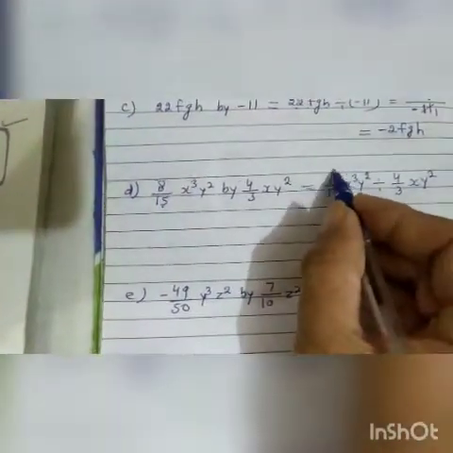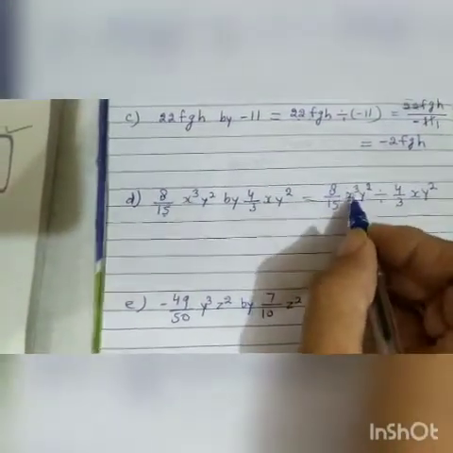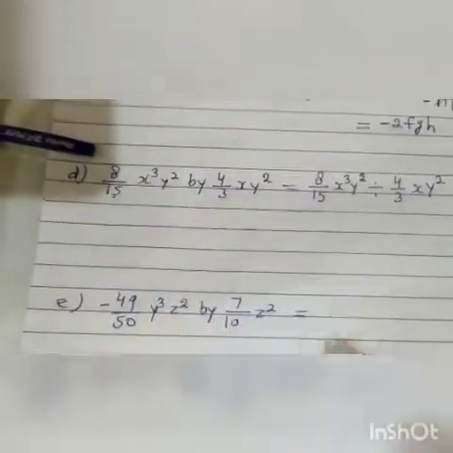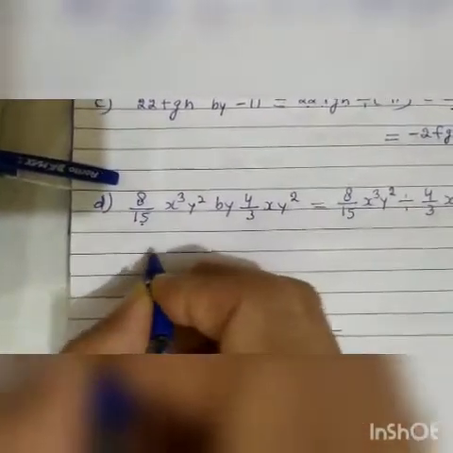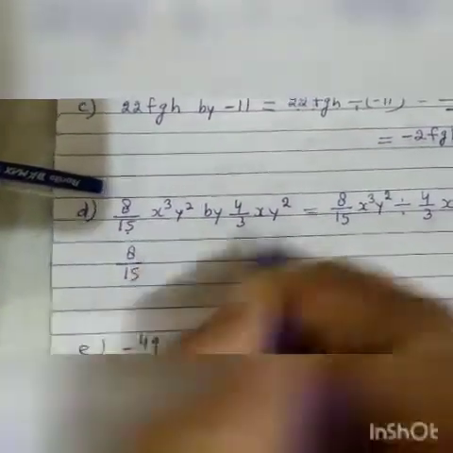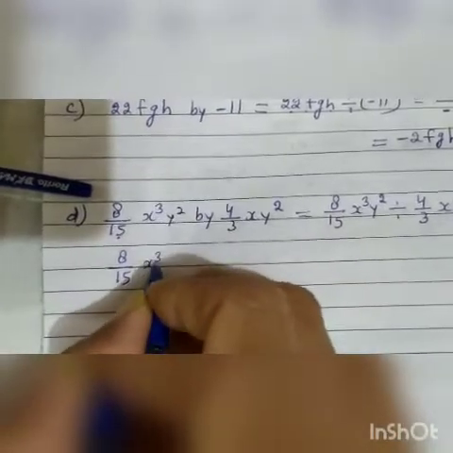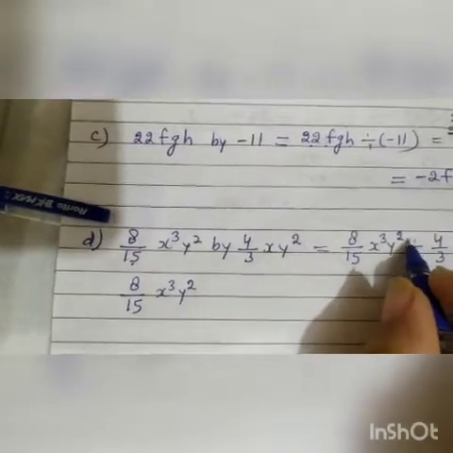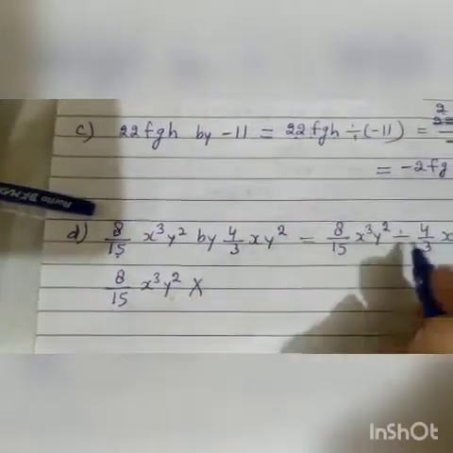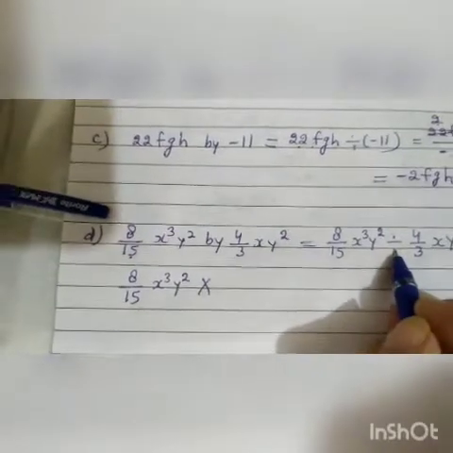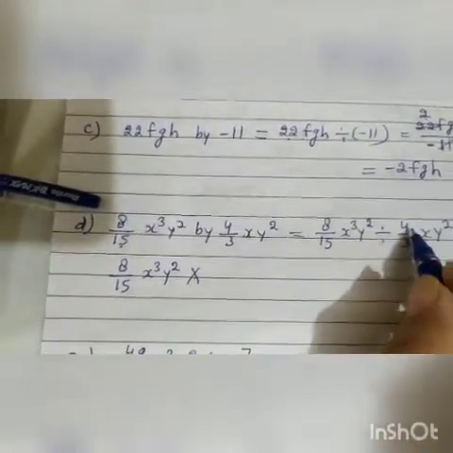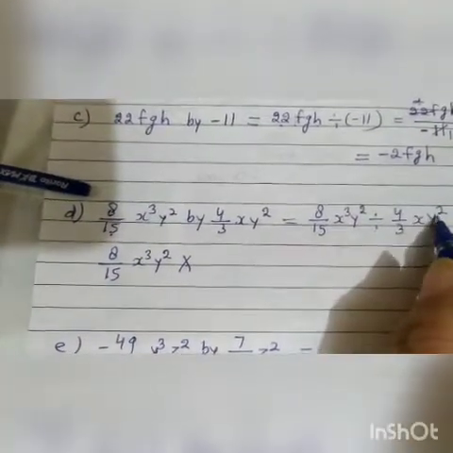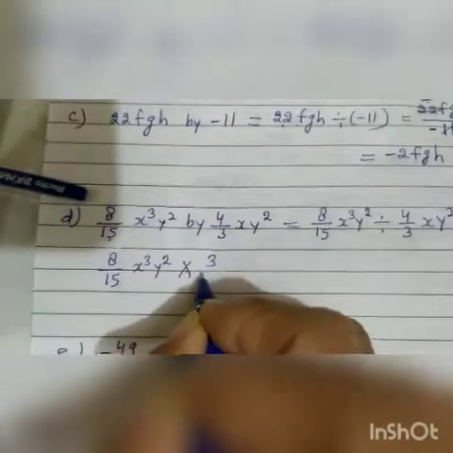First we will write 8 upon 15 x cube y square. Then we will write a multiplication sign in place of this divide sign, and then we will write the reciprocal of this term. This is 4xy square upon 3, we will write it 3 upon 4xy square.